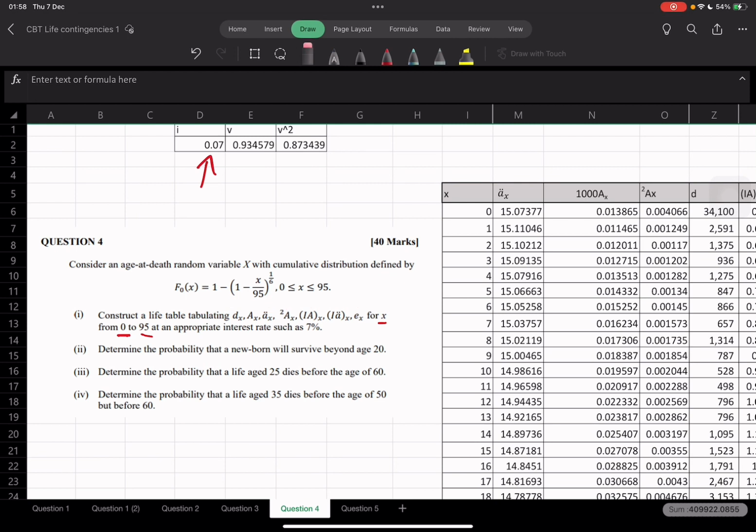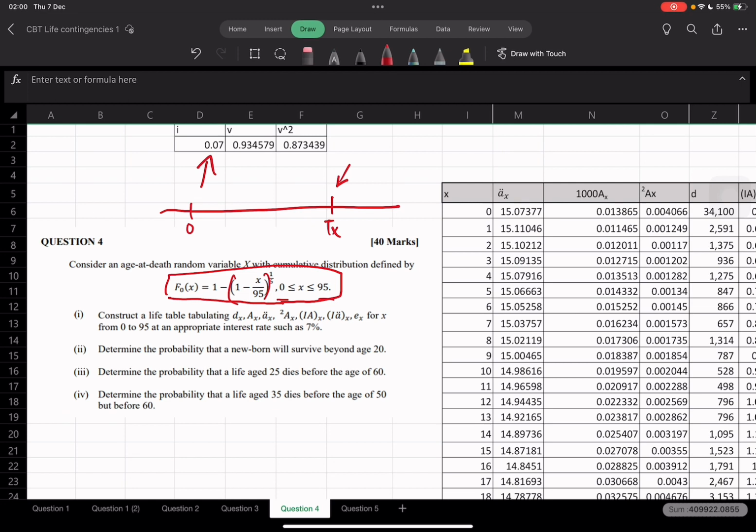From the question, we have a cumulative function of 1 minus bracket 1 minus x over 95 to the power of 1 over 6, from the x value 0 to 95. For better understanding, we are going to draw a timeline again.